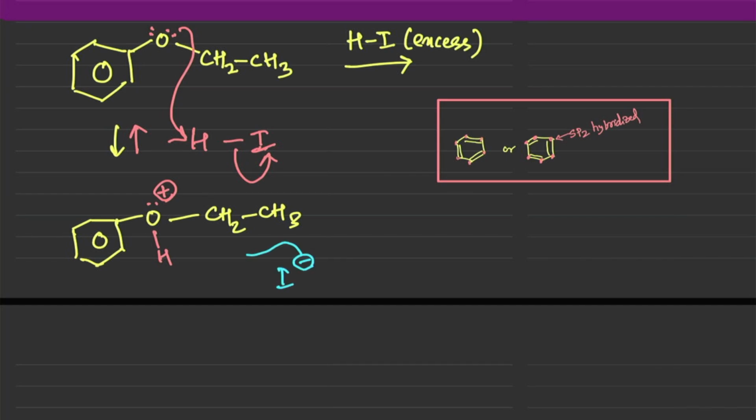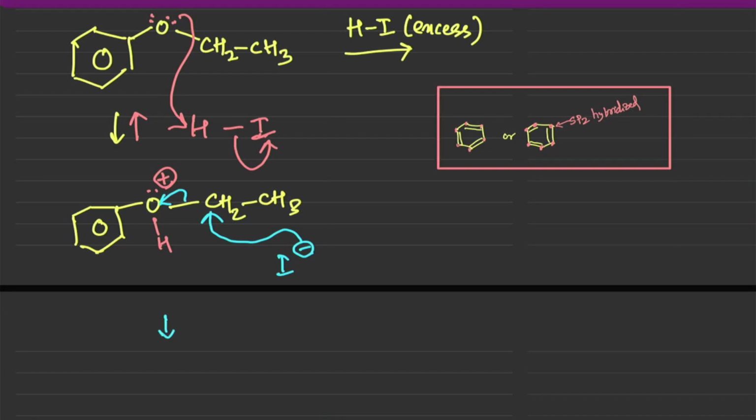There are a couple of ways you can neutralize it. My I minus could attack this particular carbon atom right there and move these 2 electrons towards the oxygen. So I will do that.